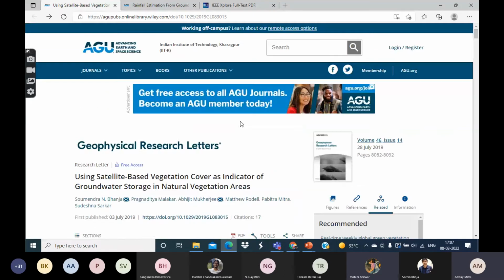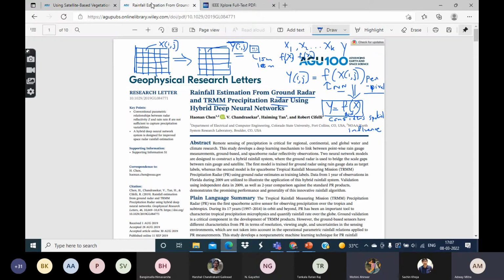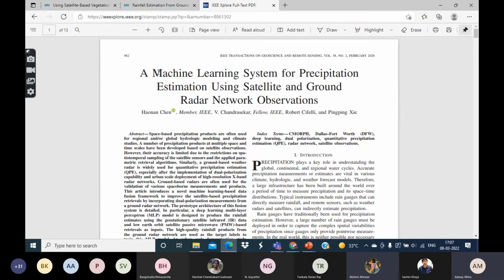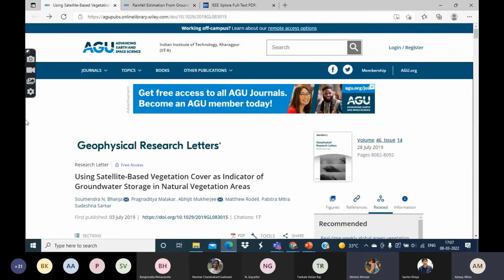So basically that's all we have for today. Today we considered three papers, all of which are basically on this topic, where we are using remote sensing imagery as some kind of proxies to measure certain earth system related variables. In these cases it was precipitation, in these cases it is groundwater level.